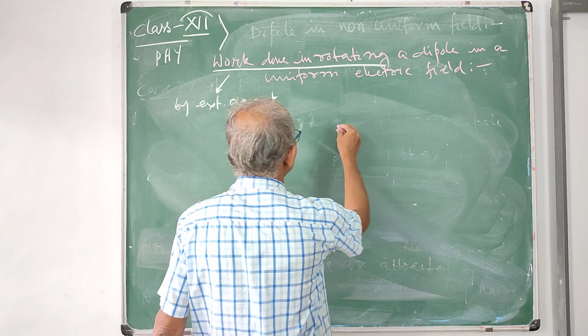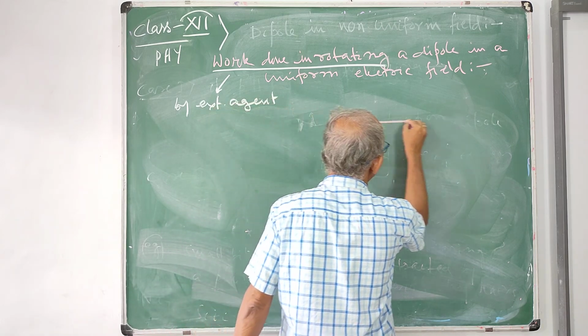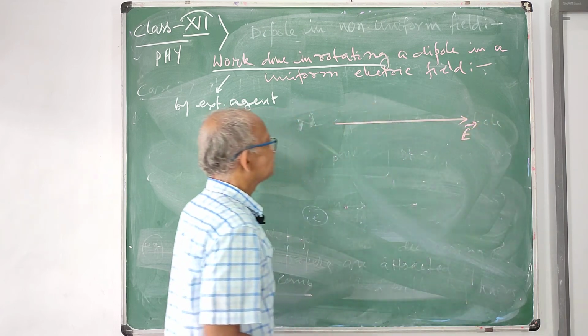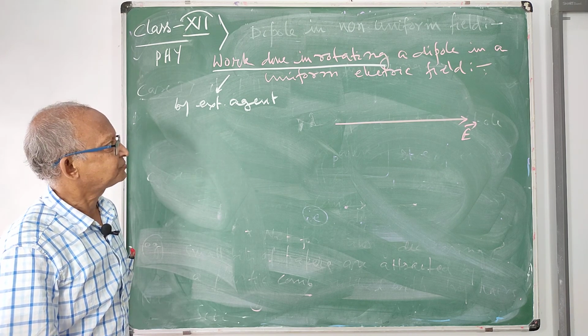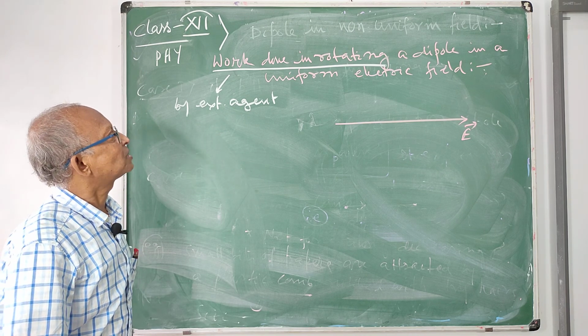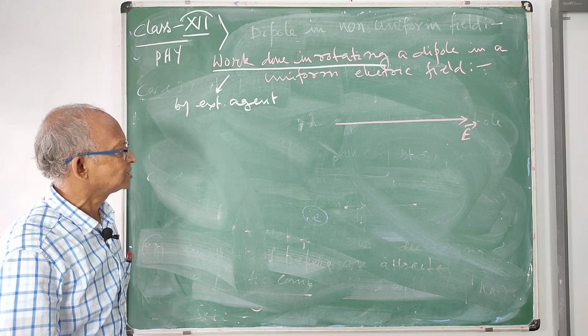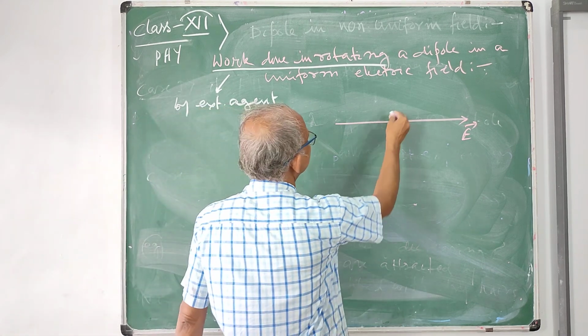So let us consider a uniform electric field. This is E. I have drawn the direction of E with a single field line. Actually, it is a uniform electric field rightwards. Okay? Then an electric dipole.